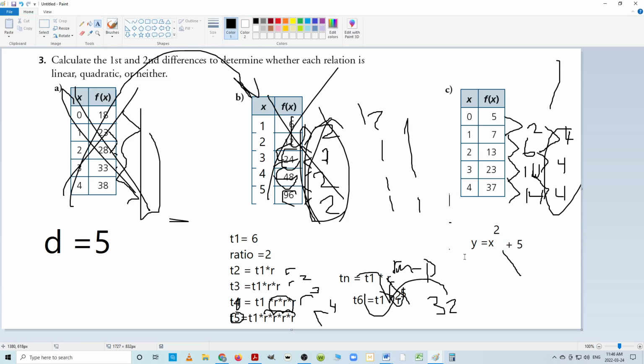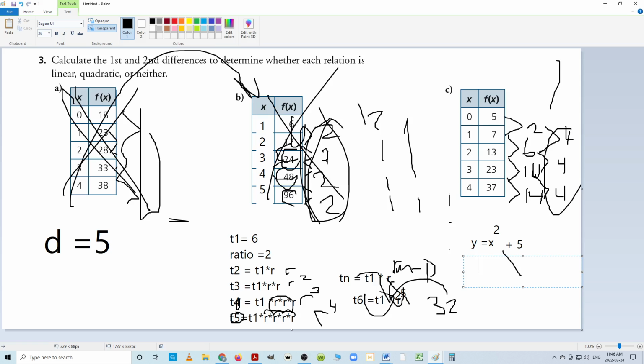Okay, let's see if I stumbled upon the formula. When x is 0 and I add it squared, add 5, I get 5. That matches up above. When x is 1, though, and I square it, it's 1, and I add 5, it's 6. That does not match up above. When 2 gets squared, it's 4. When I add 5, it's 9.